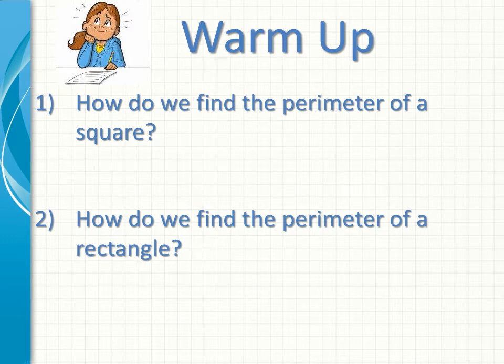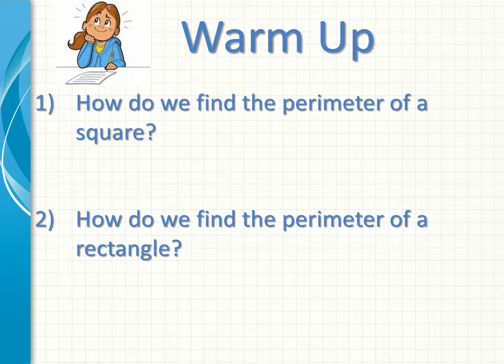Now, before we begin the class, let us have this quick warm-up activity. The question says, how do we find the perimeter of a square? We've tried to calculate the perimeter of a square in our previous lessons and for that of a rectangle. So let's test our knowledge. Like I always say, get a pen and get your book. Write the answer down.